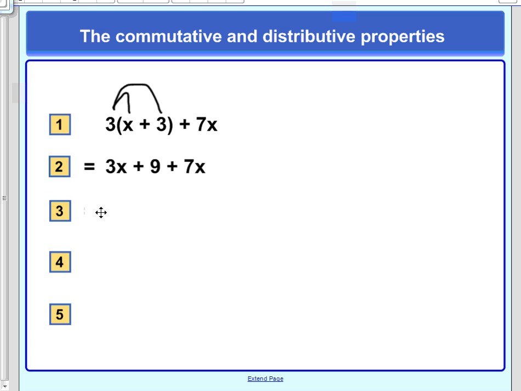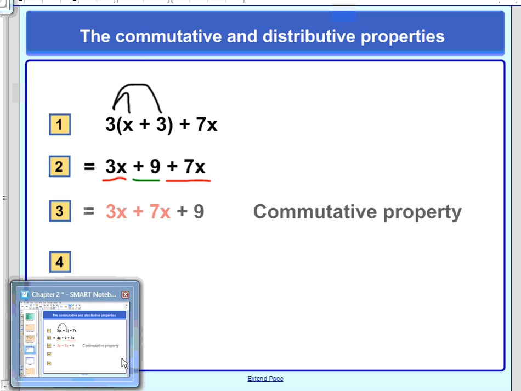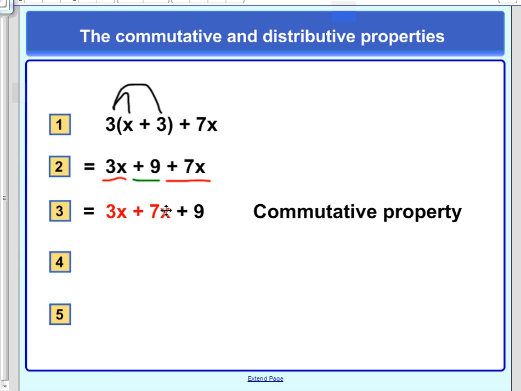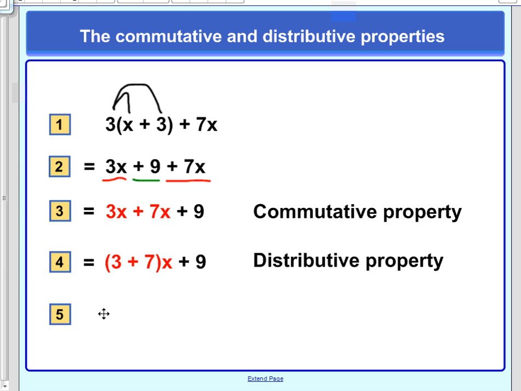Alright, our next equation, because we would now need to combine like terms, and we know that our like terms in this case are 3x and positive 7x, and our other term would be 9. So by combining those two, I rearranged, and I can just add them together.